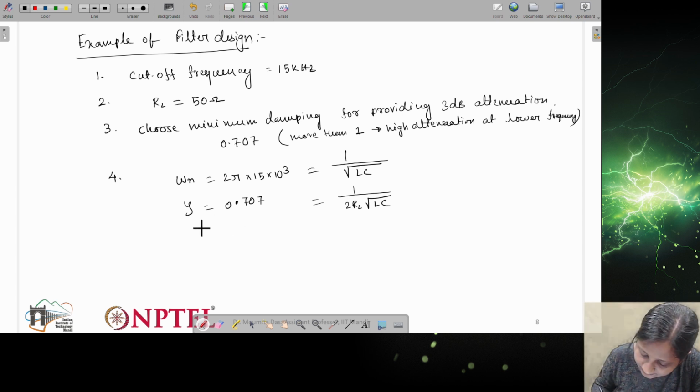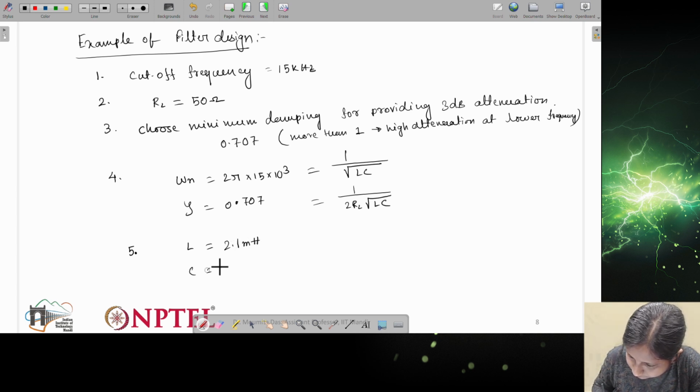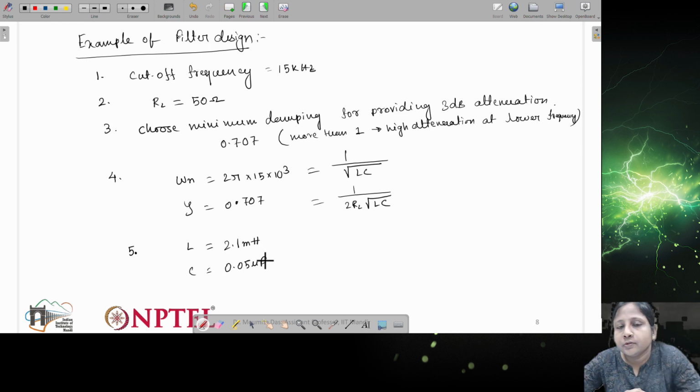Similarly, for inductance and capacitance also we have to consider some values. We can either choose the calculated values, or we can choose slightly bigger values in order to reduce the noises accordingly.